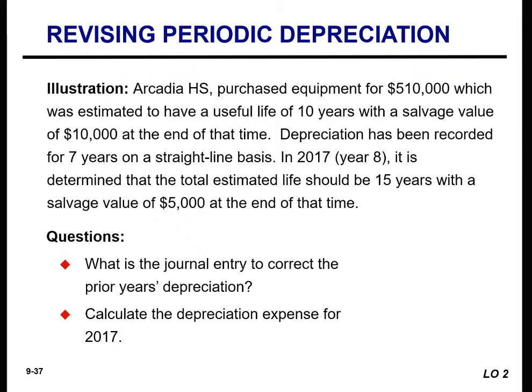What is the journal entry to record the prior year's depreciation? There is no entry to correct that. We don't go backwards. We use the current year forward. Now we're going to calculate the depreciation expense for 2017.